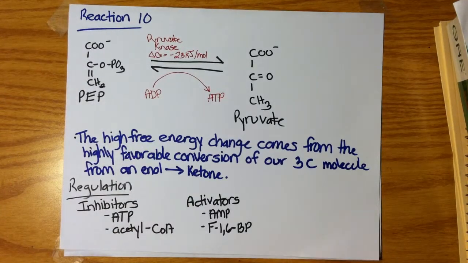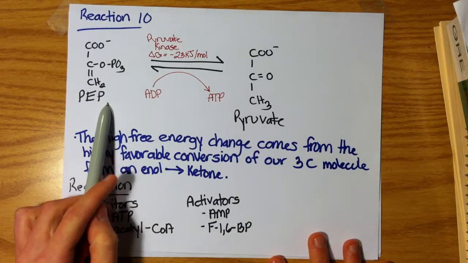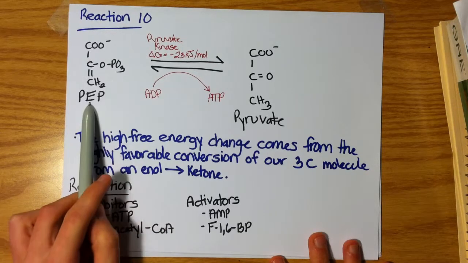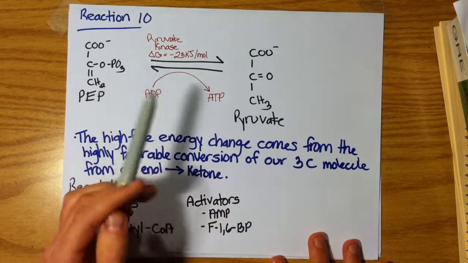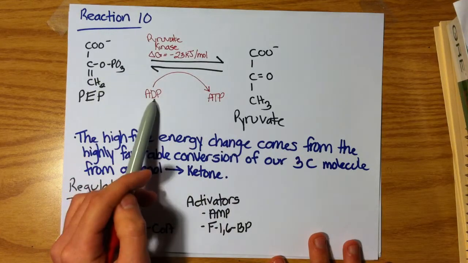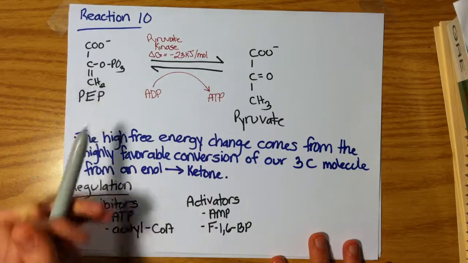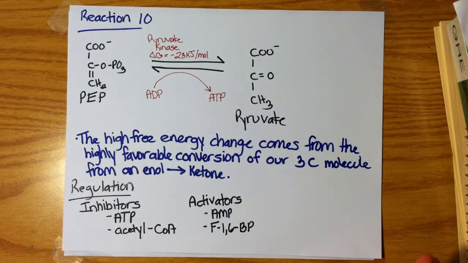That's how much energy is released, and we can couple that to ATP synthesis. So we have a conversion of ADP into ATP, and remember this is going to be 2 ATP because we have 2 molecules of PEP. So we have an overall net yield of 2 ATP for this entire process.